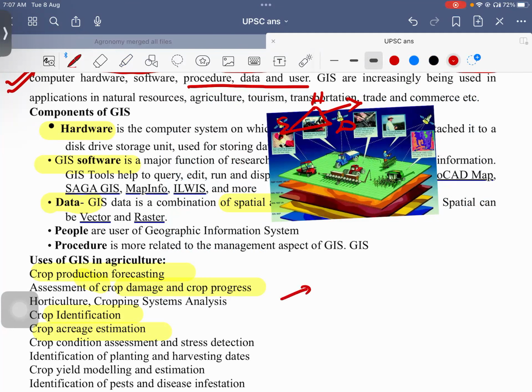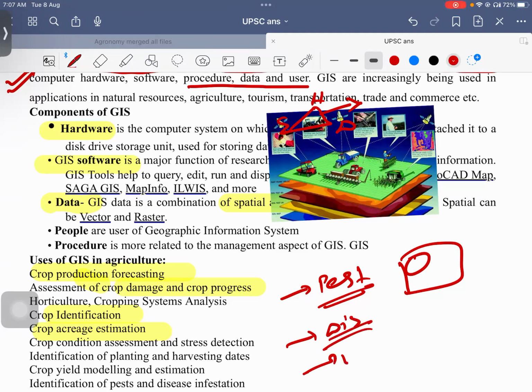Then the other thing to remember is with respect to pest incidents. If there is a pest damage, in which area it is damaged, all this data we can get. Similarly with respect to disease, and with respect to weed management. With respect to water, what is the amount of irrigation, based on the color of the plant.